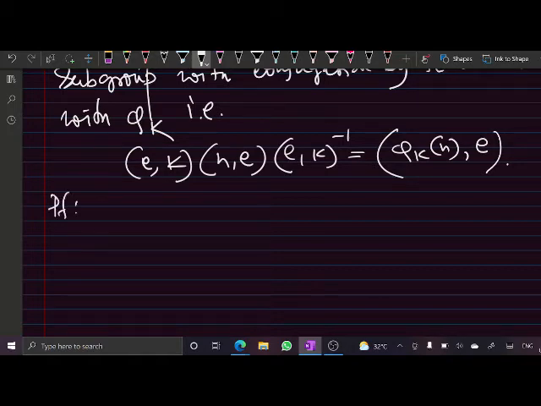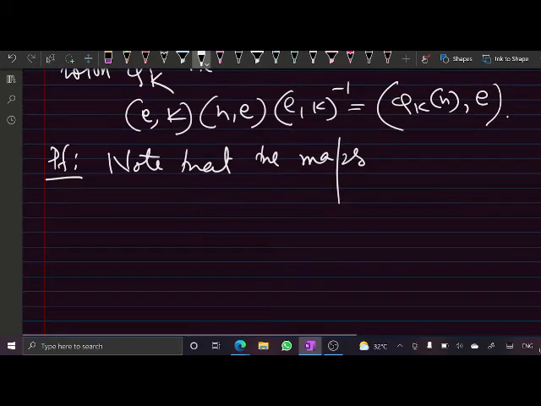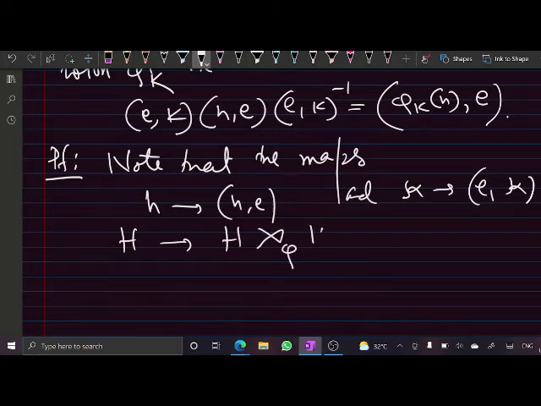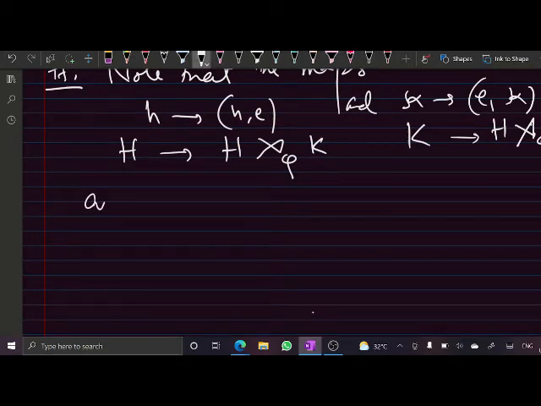Because the proof is very simple. Note that the maps H goes to (H, E) and K goes to (E, K), from capital H to H semi-direct product K and K to H semi-direct product K. The maps are one-one.